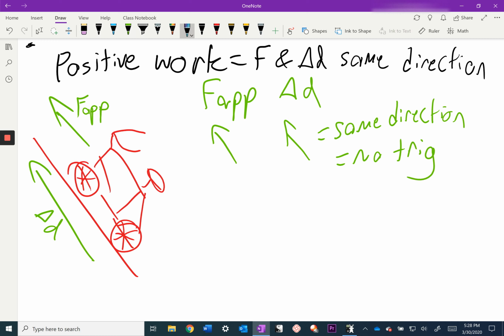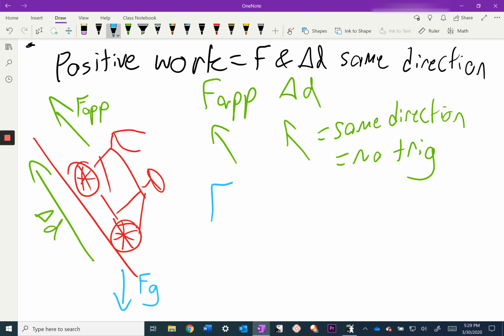On the other hand, if we're looking at the work done by gravity in this case, wrong one. Let's erase that. There we go. Our force of gravity is pulling down. Okay, which means these are in kind of two different planes.